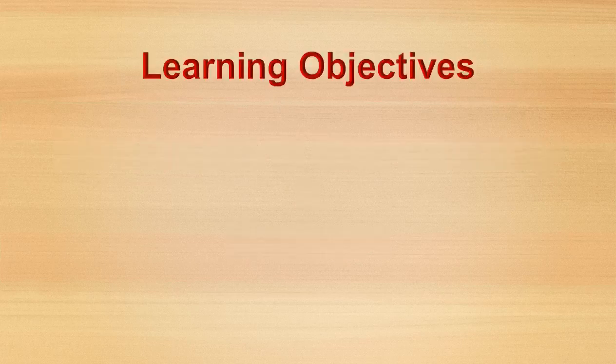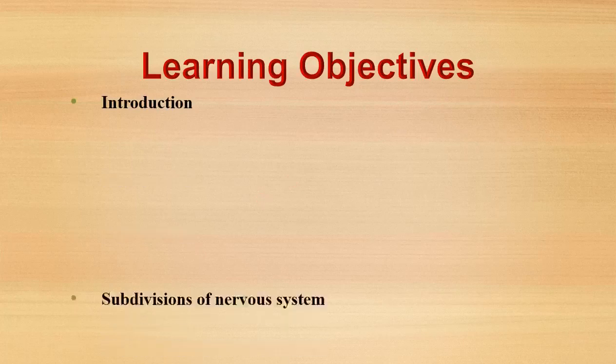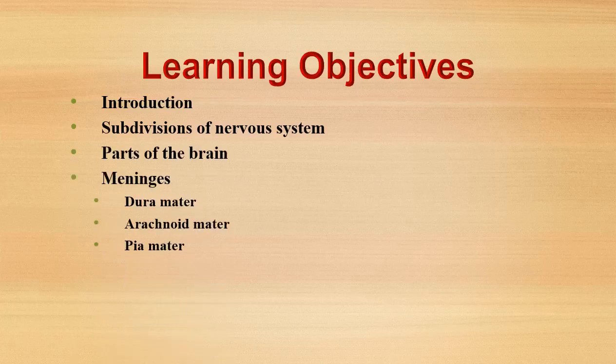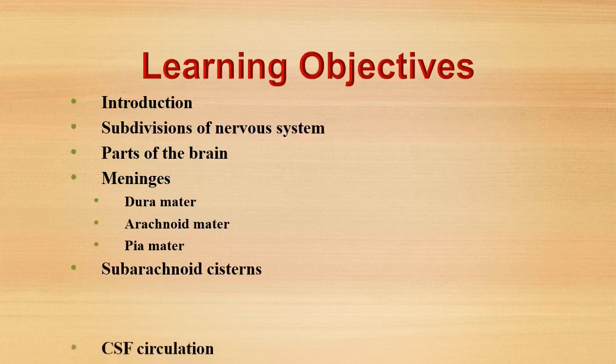Our learning objectives today are mainly a short introduction about the nervous system, then the subdivisions of the nervous system, parts of the brain, and then the meninges in detail. That is the three meninges, and we will also concentrate on the subarachnoid cisterns and how the CSF is circulated in a brief manner.